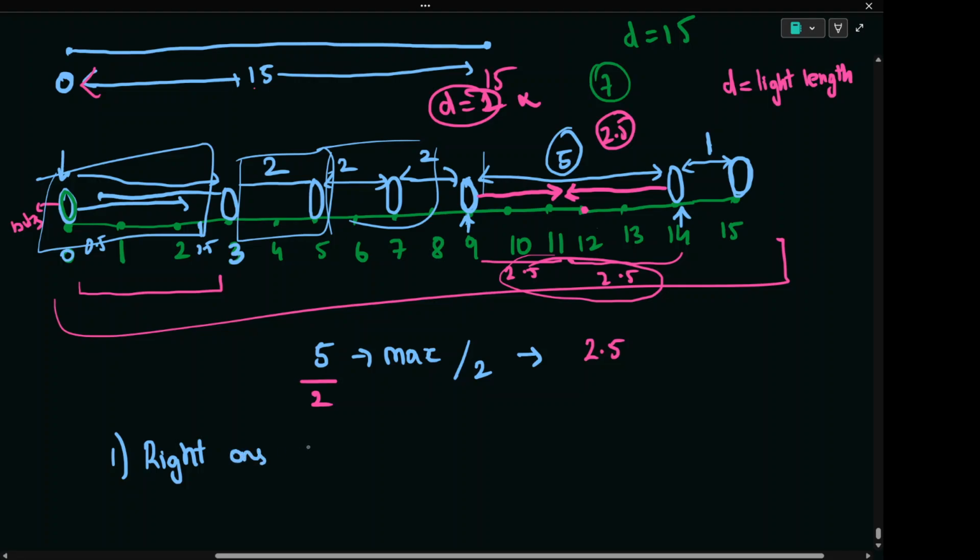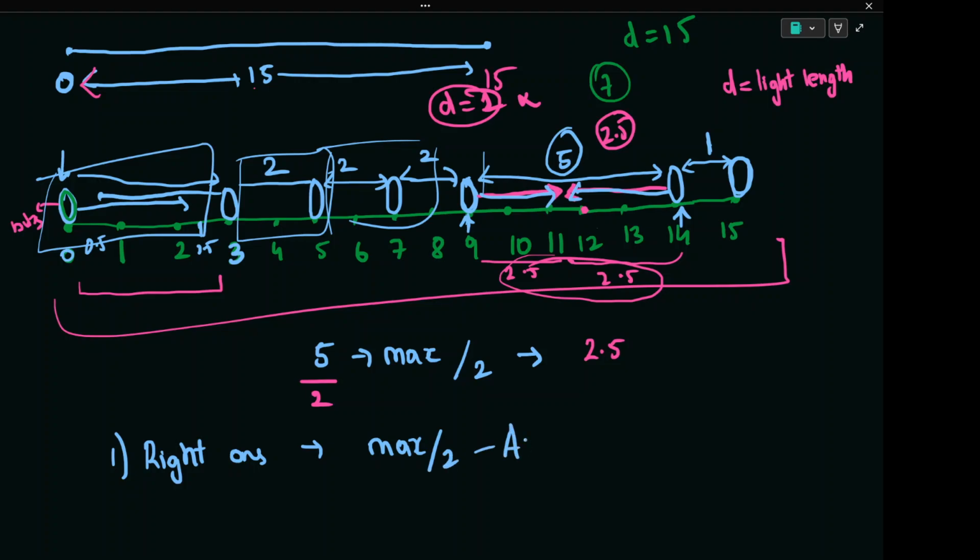We have to take the max distance between two lanterns and half it. Simple, because there will be adjacent lanterns, and we can find the distance. Correct. Max by 2 will be our answer.